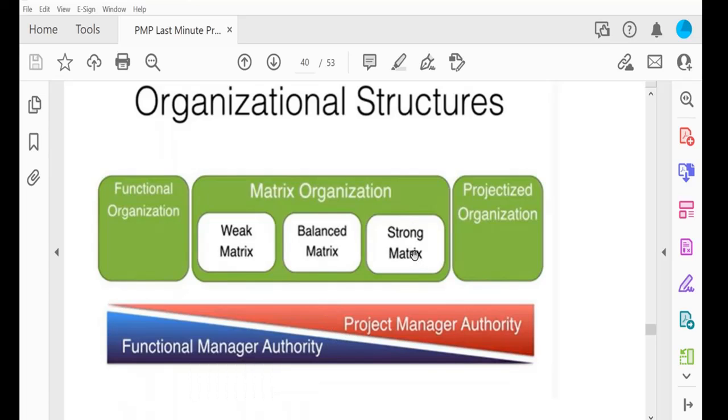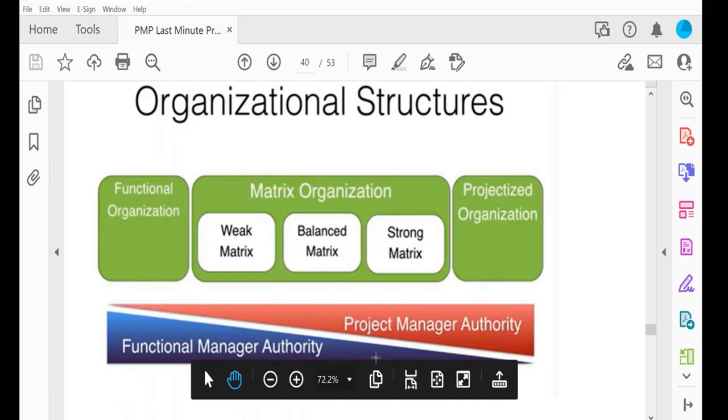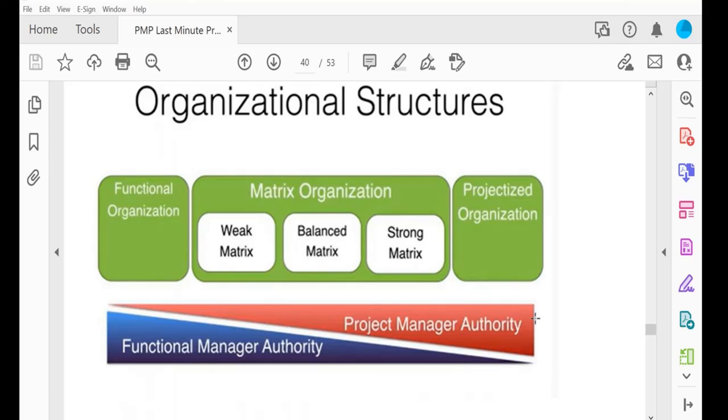And strong matrix, here the project manager has more power compared to the functional manager. So there may be some questions like, matrix organization deals with both the functional manager and project manager. It's a kind of complex structure.